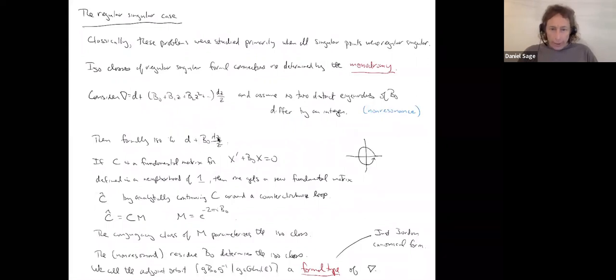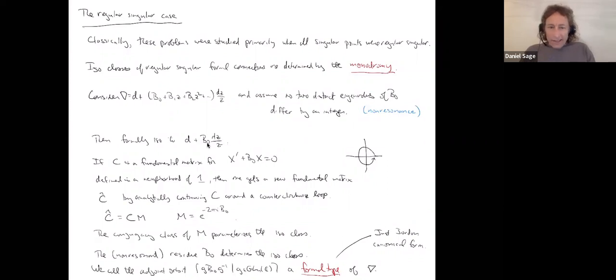Let's just assume we start out at this point with this kind of connection. Then obviously, if you have a resonant connection, and let's just make it really easy, let's assume that it's semi-simple.